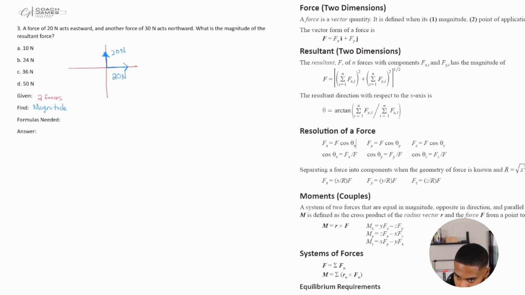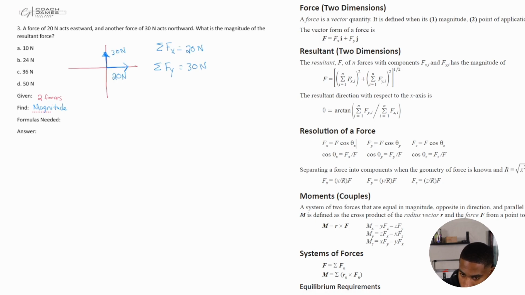Okay, so what are the sum of the forces in the X? Should be 20 newtons and nothing else. Sum of the forces in the Y is equal to 30 newtons.